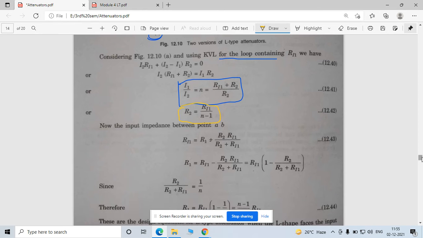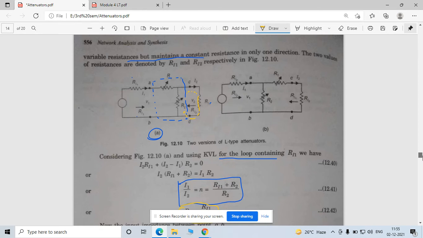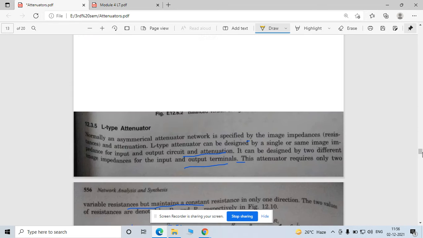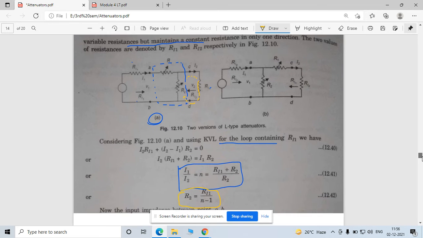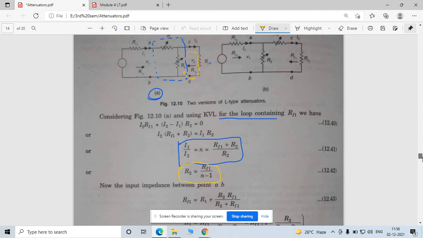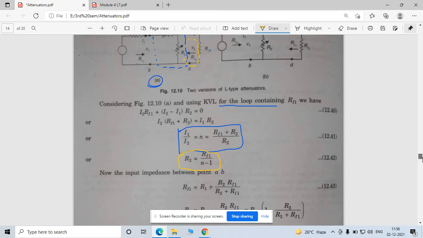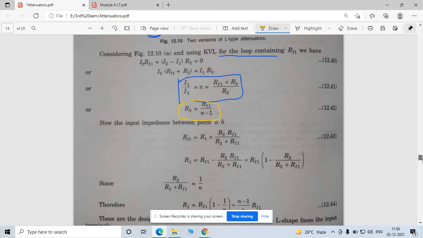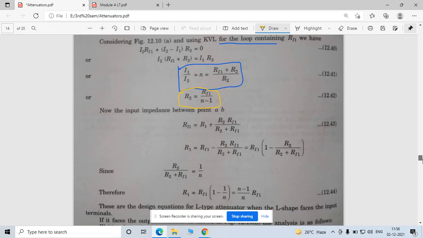Now the impedance at point A and B, what will it be here? Yes, Ri1 is equal to R1 plus R2 Ri1 divided by R2 plus Ri1.